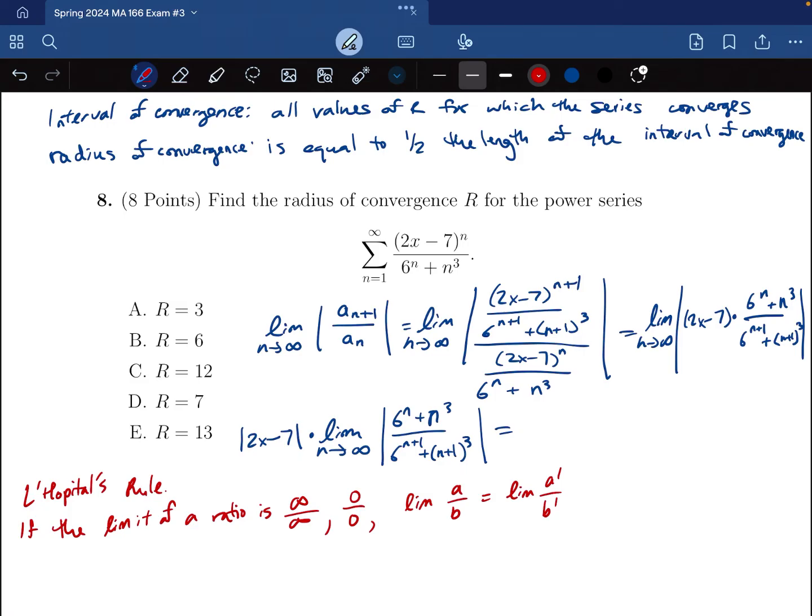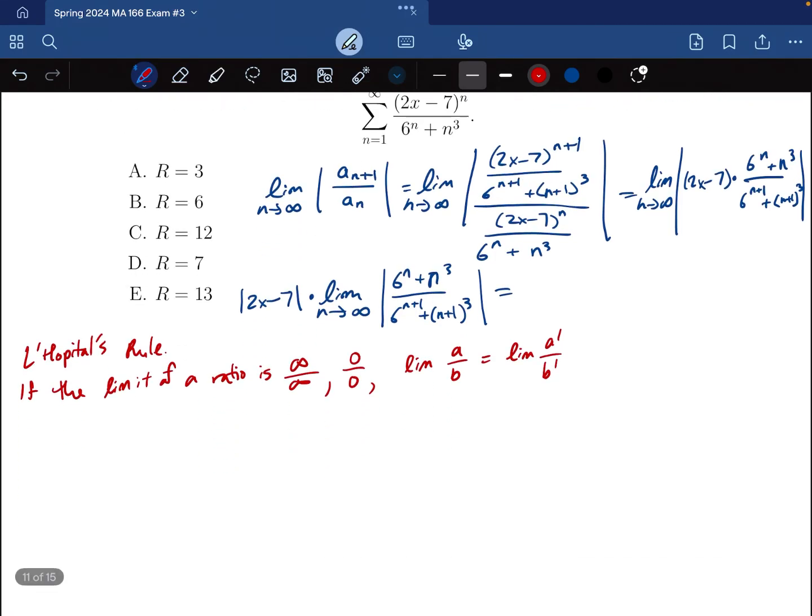So basically we can take the derivative of both the numerator and the denominator. So that's what I'm going to do here.